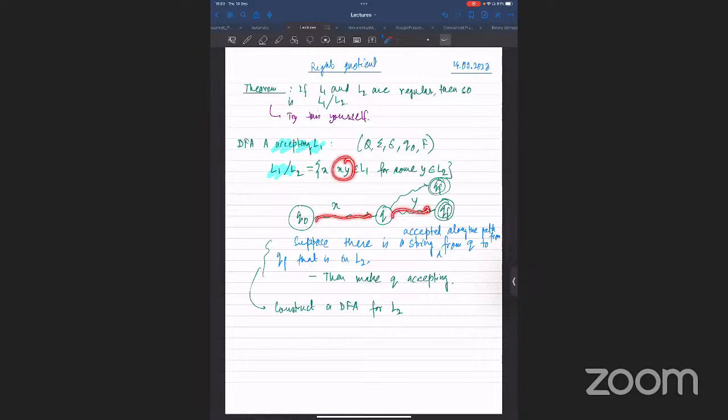You have this x and then there's a y, such that this is in L1, and you have the full automaton for L1, but here you are starting from here. You are checking if there is some y, like a y1 or a y2, whatever it is. As long as there exists one, it's fine. And you also said, correctly, that you have a DFA for L2. So what do you do?